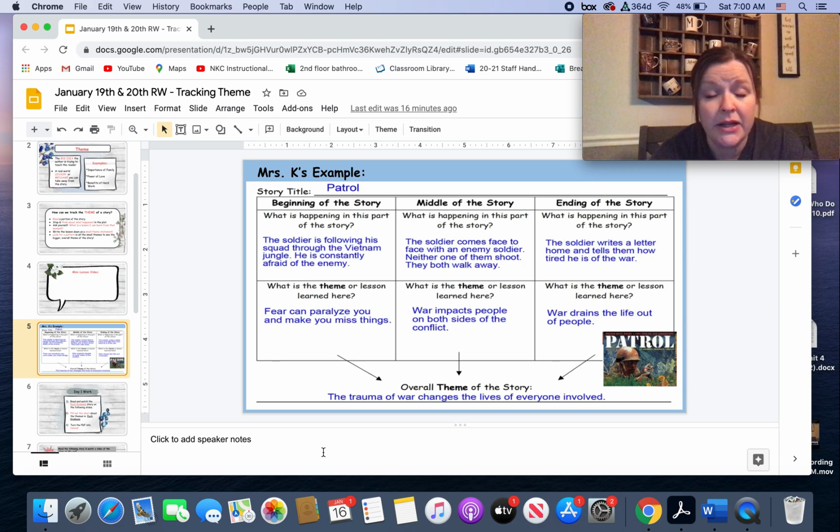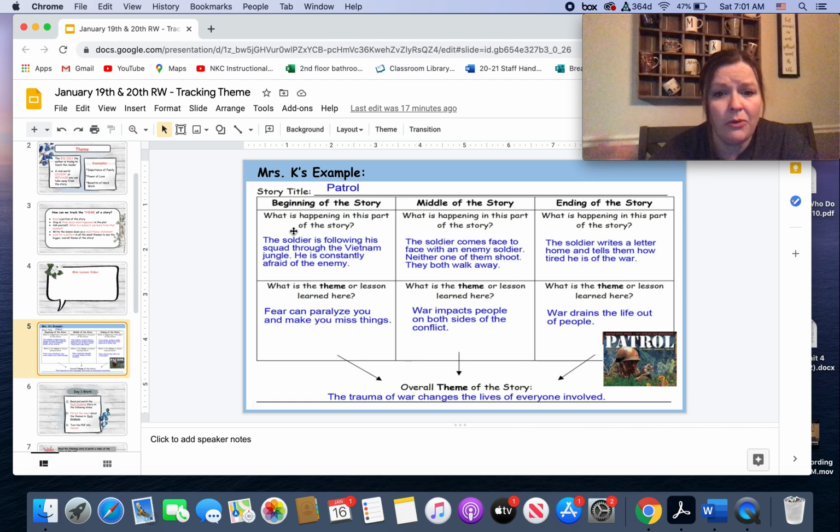What I did, and what you're going to practice later with a story, is look at the beginning, the middle, and the end. I'm going to think of three parts of the story and fill out some things about them, and then hopefully get my overall theme of what I think the author's trying to teach me. So if you look here, I have the beginning of the story.